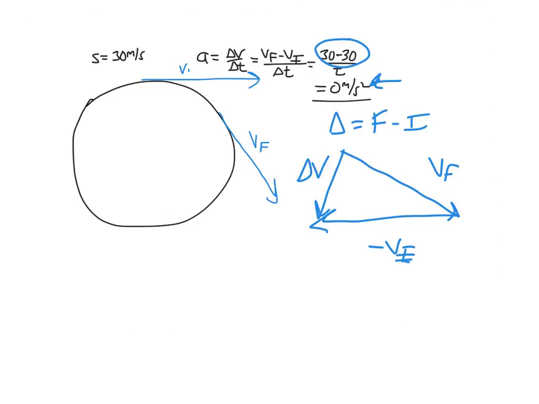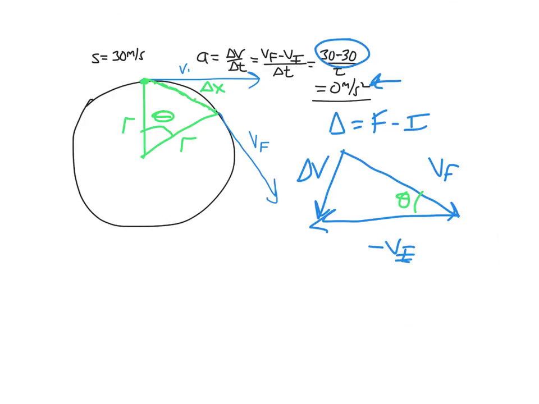We can do that by taking a look at our circle over here. We have a triangle here, and each one of these from the center to the edge is the radius. We have this angle here, and it's congruent to this angle over here. Then we have this piece that we can come across like this. Since that is where the object started and where it ended, the straight line from where an object starts to where it ends is known as delta x.